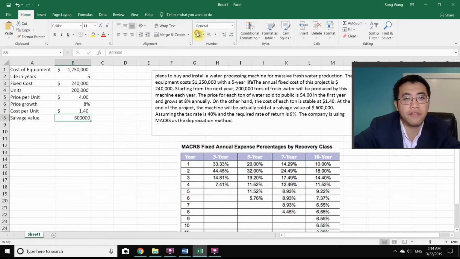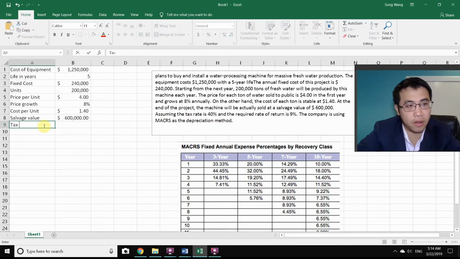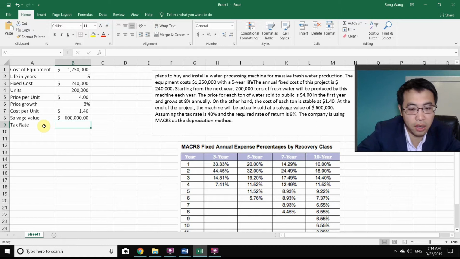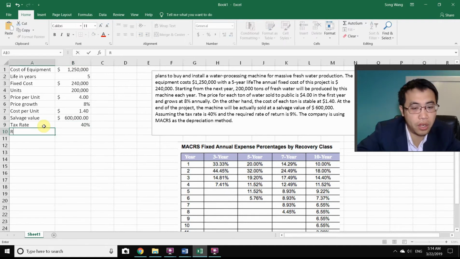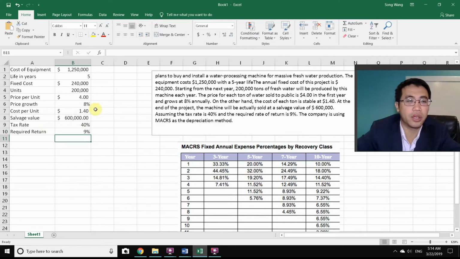So it basically means after 5 years, you're gonna sell the machine, and then you're gonna get $600,000. All right, and then you have a tax rate that is 40%. You have a required rate of return. That is 9%. All right, so that's the numeric information available in the context.